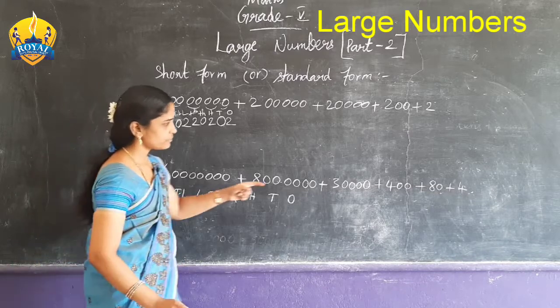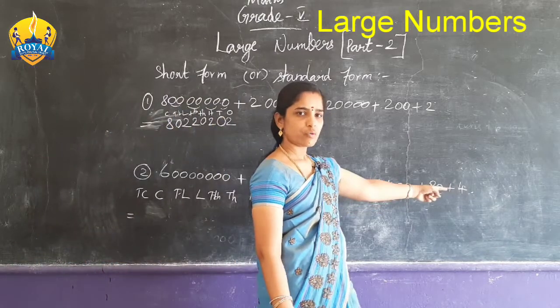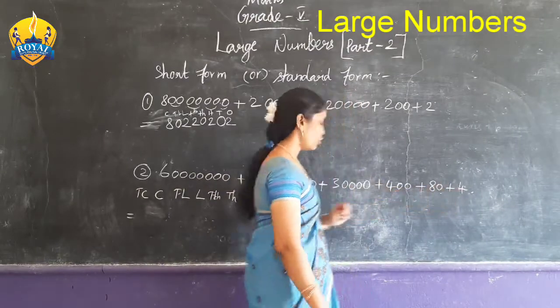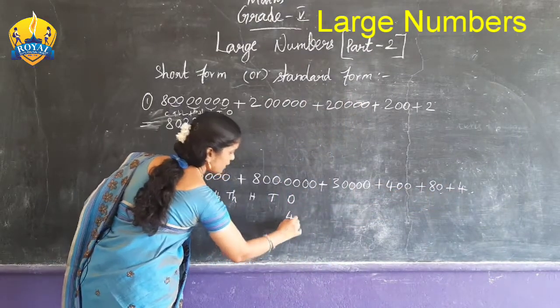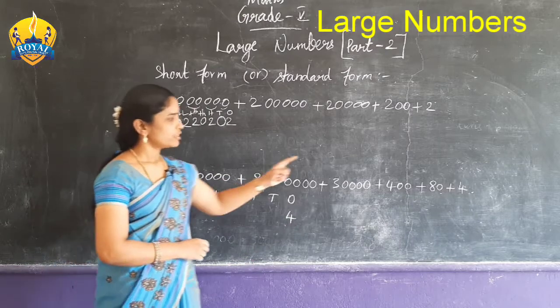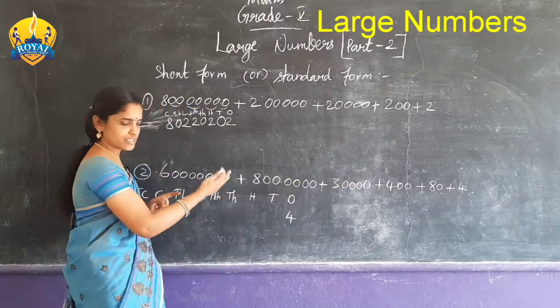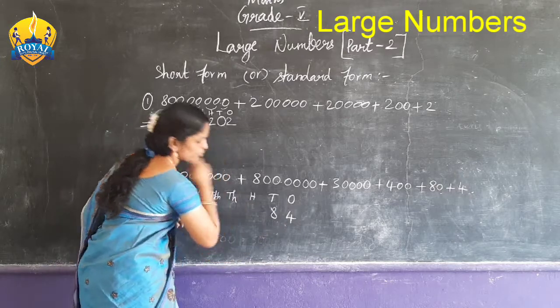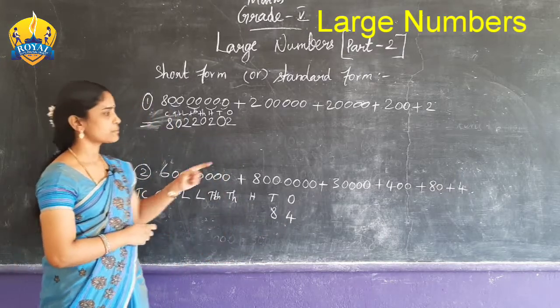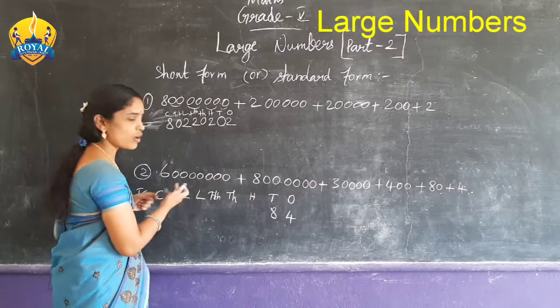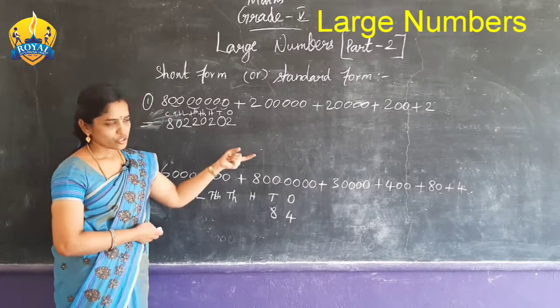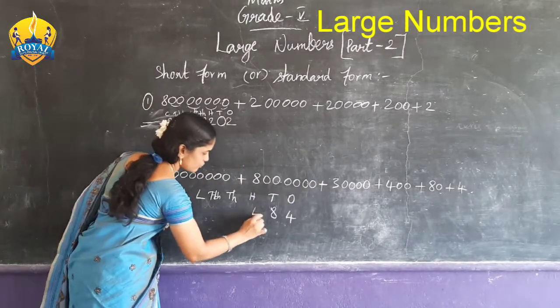Okay. Listen. What number in the ones place? Here 4, so we write the number 4. Next one, what number in the tens place? 80, 8 tens, so we write the number 8. Next one, the hundreds number is what? Yes, 4.